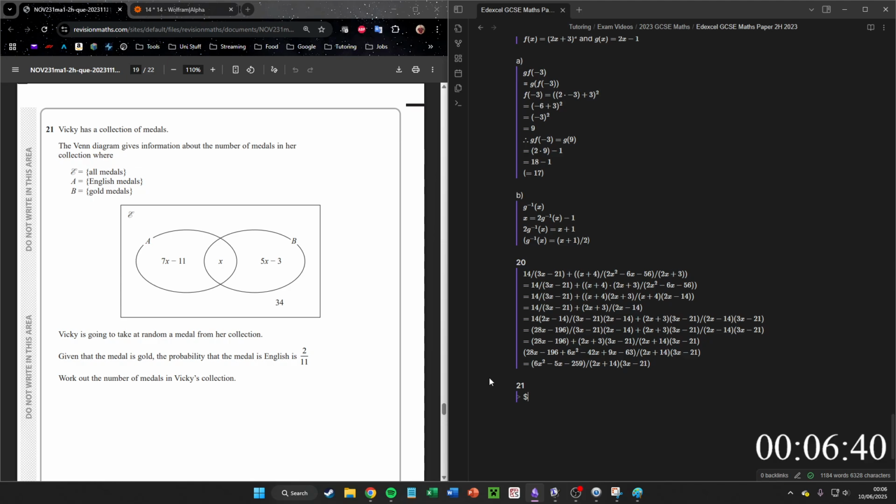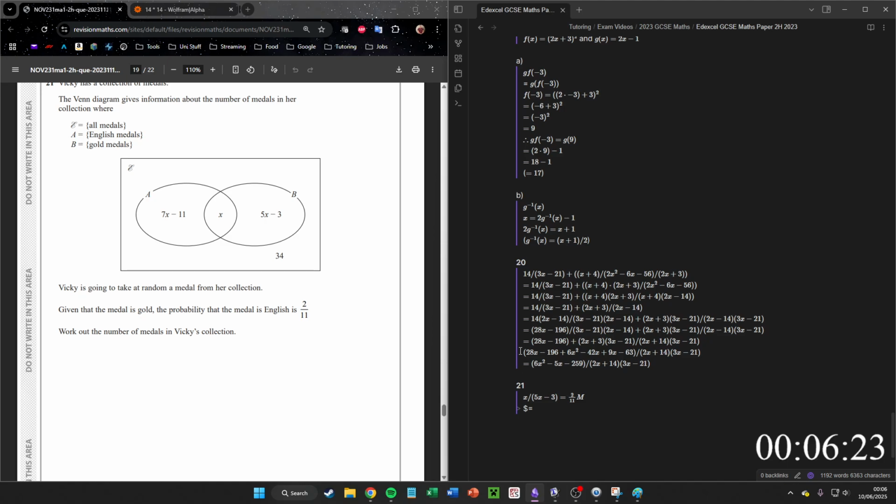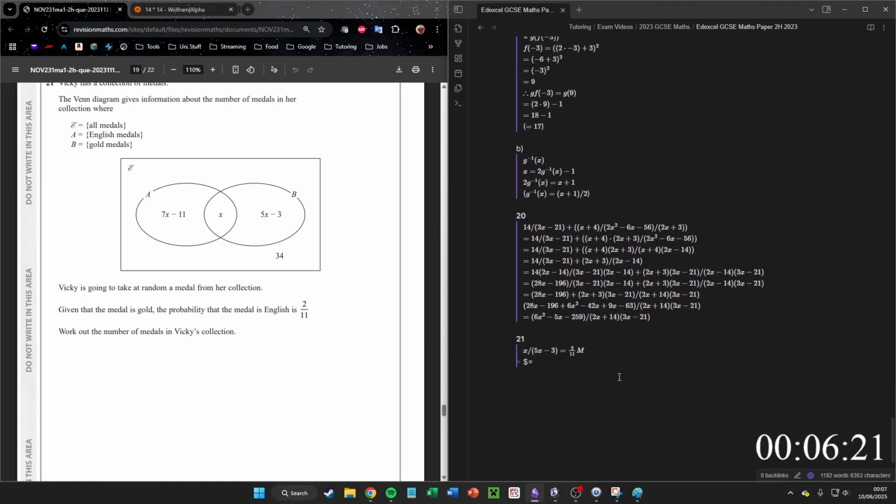So x over 5x minus 3 is equal to 2/11ths of the total number of medals. I'll say m. Okay, if I'm thinking of this correctly, this should be no problem at all.